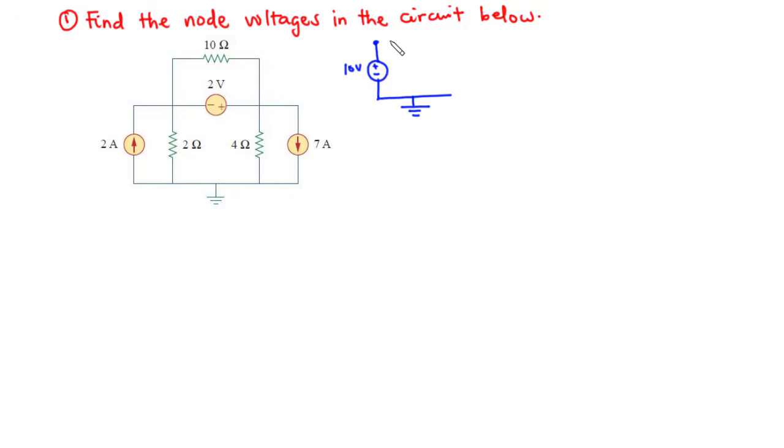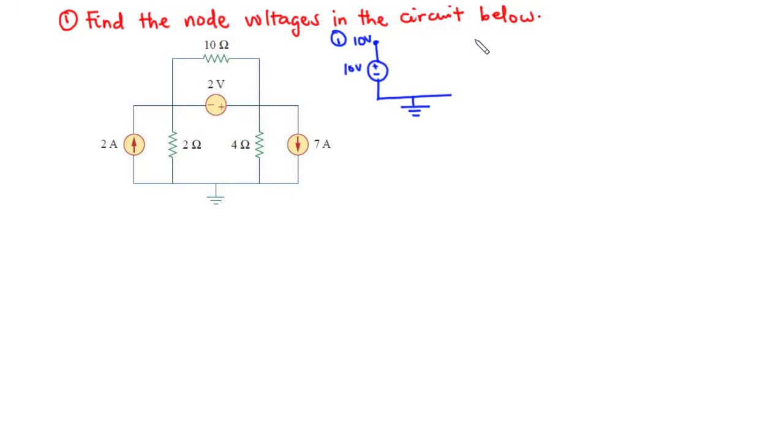Then the voltage at this node is simply 10 volts. So if there exists a voltage source between the reference node and any of the non-reference nodes, we simply set the voltage of the non-reference node equal to the voltage of this voltage source. That is the first case.